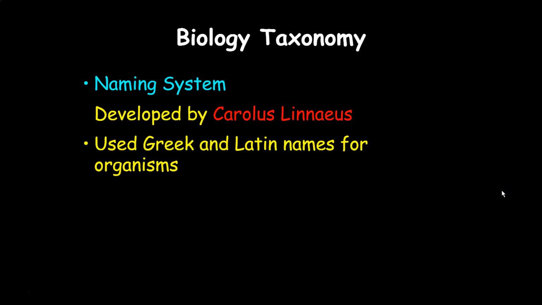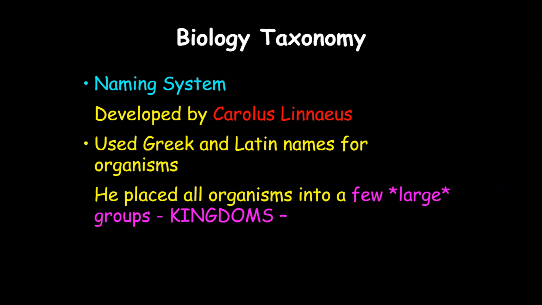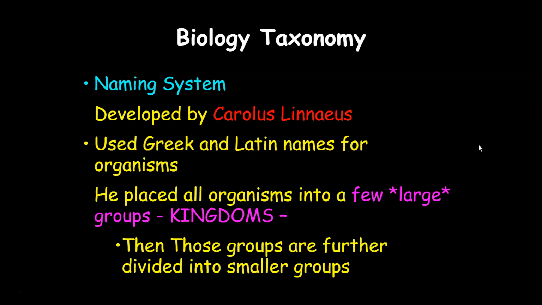And he uses both Greek and Latin names to make up the names because that's more of a universal scientific language. And he placed all these organisms into a few large groups called kingdoms. And then it's going to break up into other subgroups as well to get more specific as it goes along.